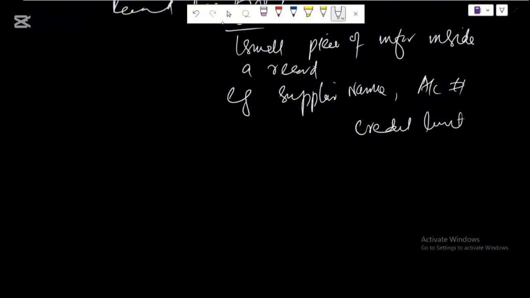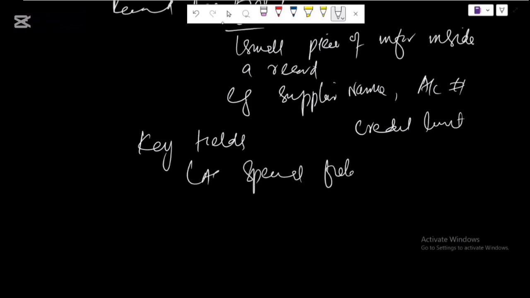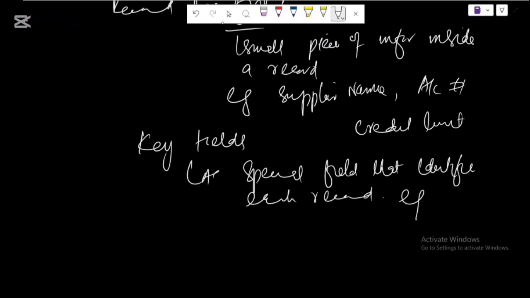Okay. Now the key field is a special field that identifies each record. For example, you may say there's some unique supplier code. So by that you identify the record.